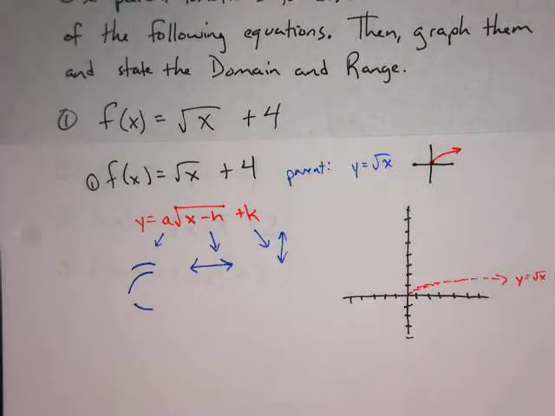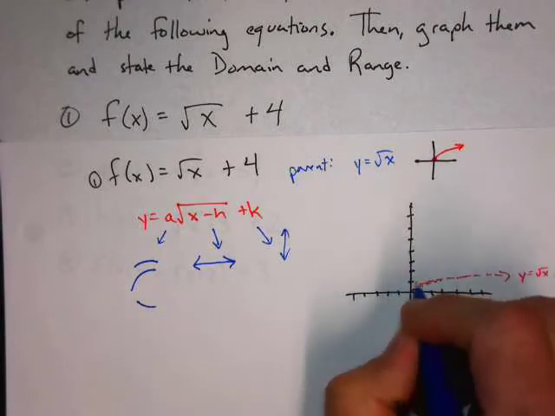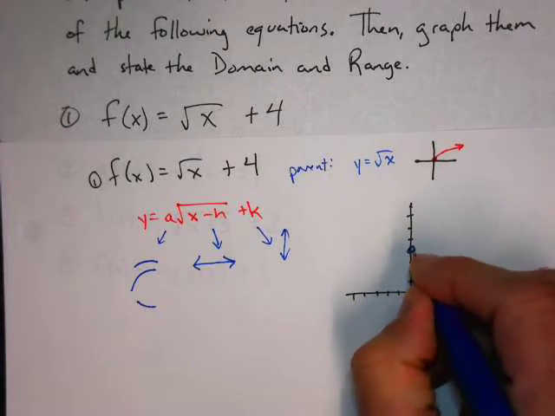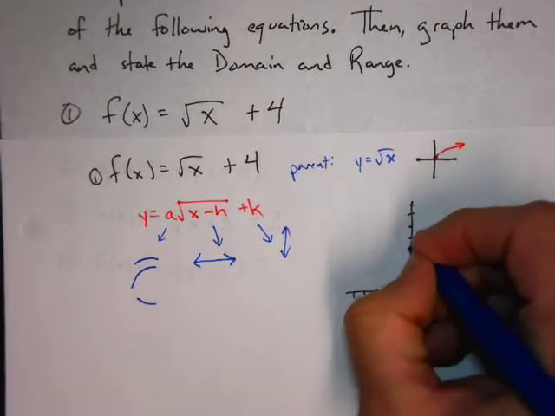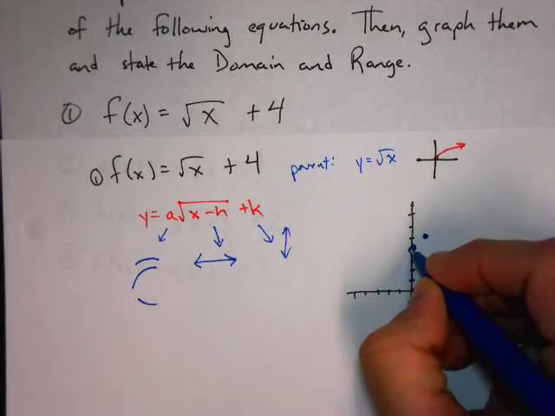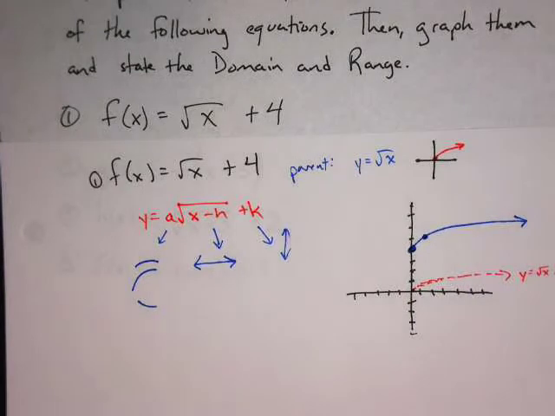So what's going to happen is that this was the original starting point for the parent function. Well, the new starting point is going to be up 4 units. So up 1, 2, 3, 4. We're at a point at 1, 1, so that's going to go up 4 units. Every single point of the graph is going to basically shift up 4 units. So all that is happening is taking the parent function and shifting it up 4 units.